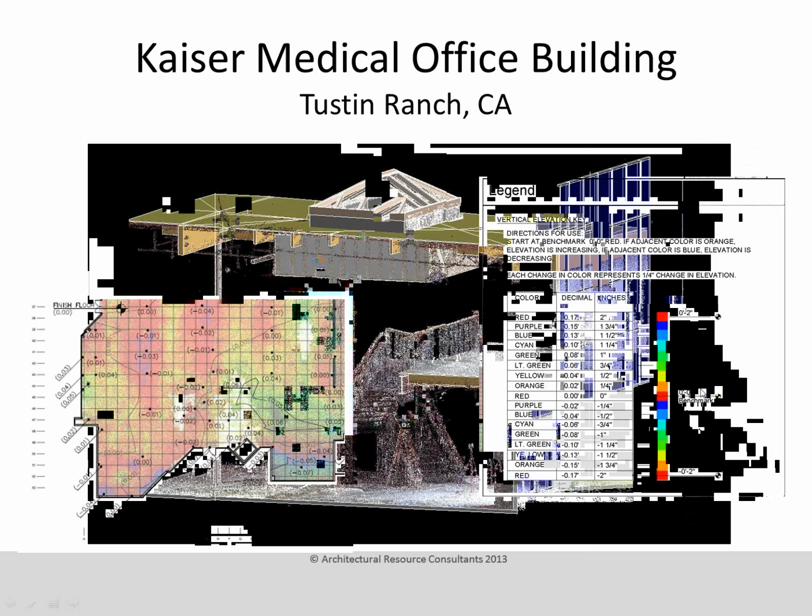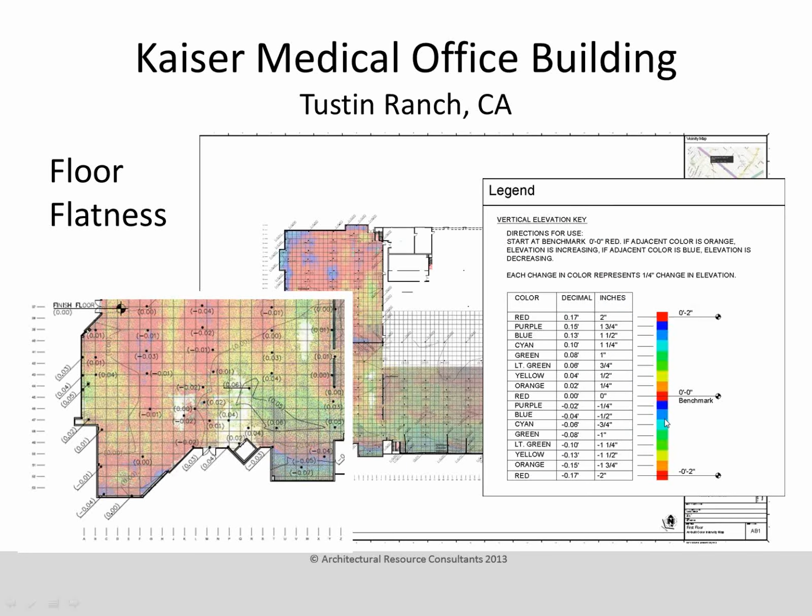Our color legend over here shows a gradation of scale in color, and so each of these colors represents a 1/4 inch change in elevation. So going from red to the orange side of the spectrum, we're moving up in elevation, and going from red to the blue side of the color spectrum, we're going down in elevation.